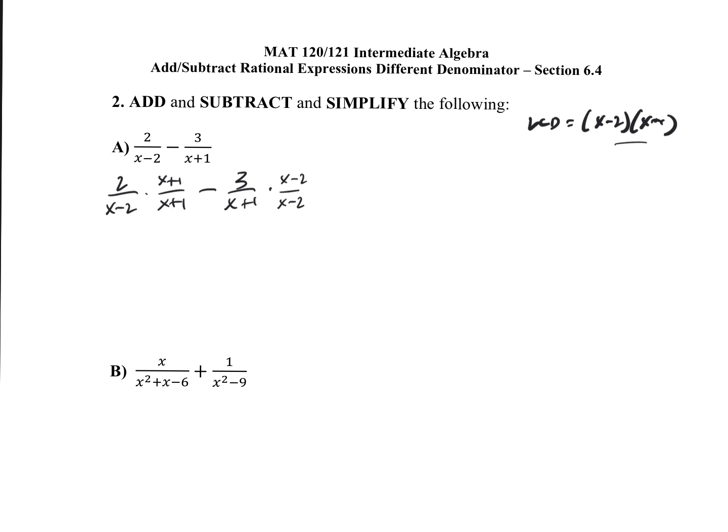And so now that I have the same LCD, what we have here is x minus 2, x plus 1, and we have 2 times x plus 1 in the numerator. And then over here we have 3 times x minus 2 in the numerator, and x minus 2 and x plus 1.